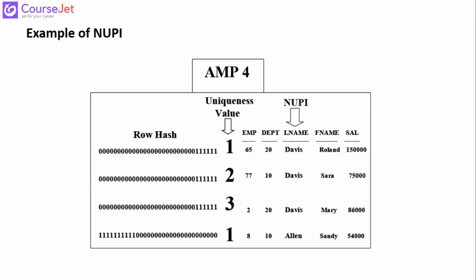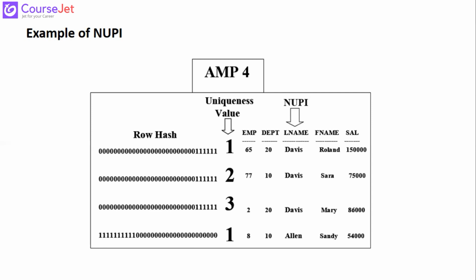Again, with unique primary index, the data will be distributed evenly among all the AMPs, because it's unique and the table data will be evenly distributed. There won't be any skewness. In the case of NUPI, it won't be uniquely distributed.